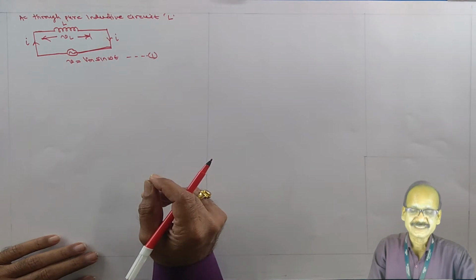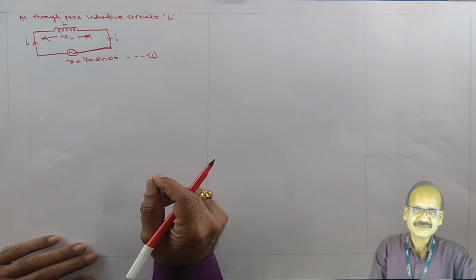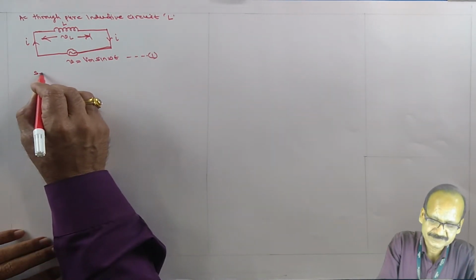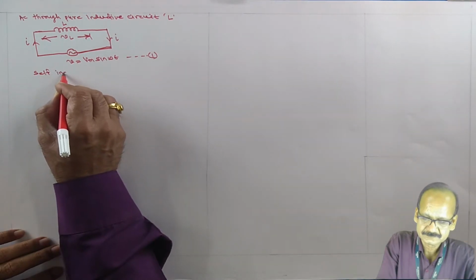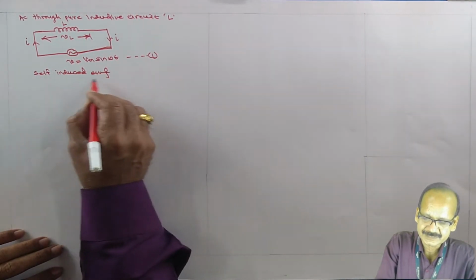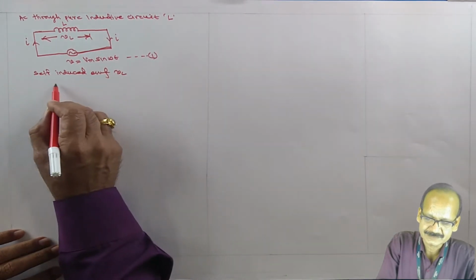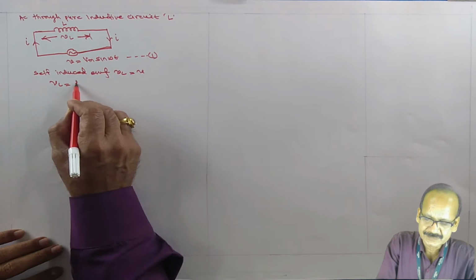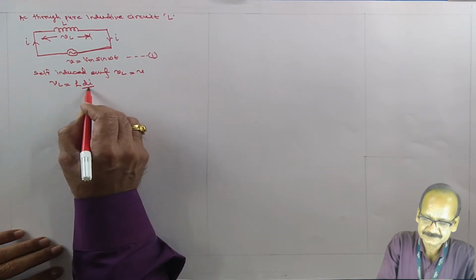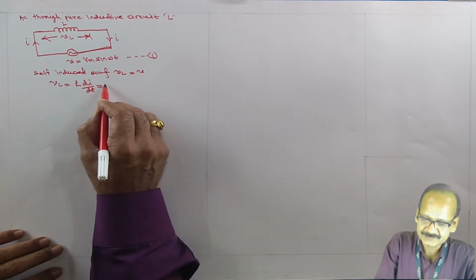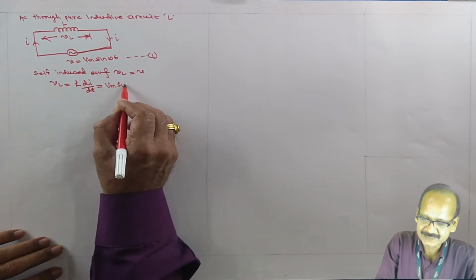Now, as the circuit contains only pure inductance, the induced EMF is equal to the supply voltage, and this self-induced EMF VL equal to L di by dt, and this is equal to V max sine omega t.